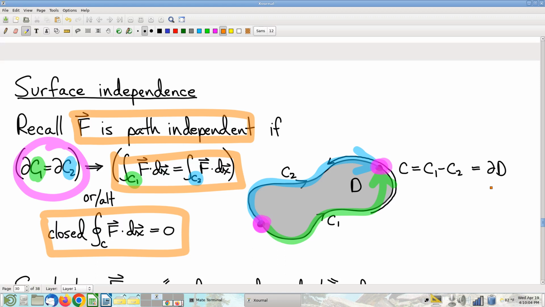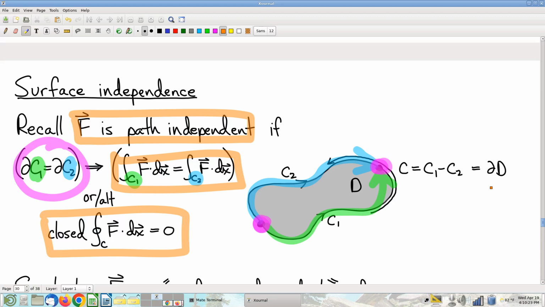It doesn't really make any sense to compare the orientation on C2 with the orientation on C1. They're totally different curves. They don't even have any points in common, other than the endpoints, which aren't really enough. So please don't make the mistake of thinking that you can compare orientations on different curves.